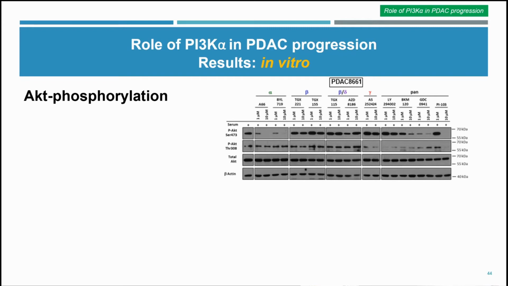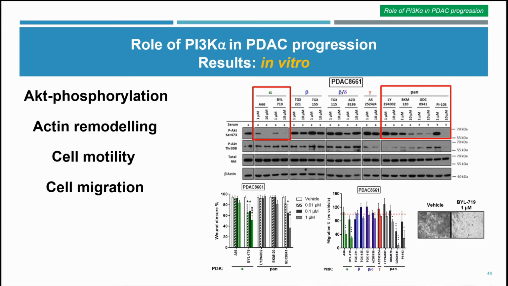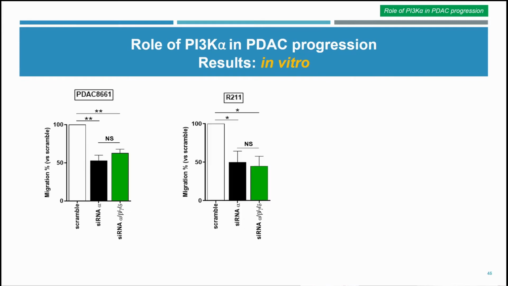We observed their effect on different parameters such as AKT phosphorylation, where only PI3K alpha selective and certain pan-PI3K inhibitors had the same effect on the phosphorylation of AKT at serine 473. We also observed their effect on actin remodeling, cell motility, cell migration, and cytotoxicity. In all cases, only PI3K alpha selective inhibitors and certain pan-PI3K inhibitors had an effect on any of these parameters.